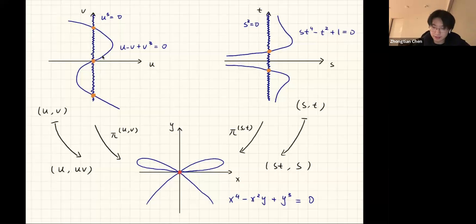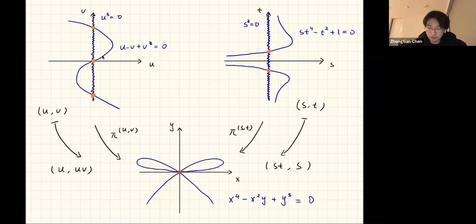Right, this is the general picture we have. We start with this polynomial, and this is the algebraic set, which has a badly behaved singularity at the origin. Then we apply the blow up, and we have a map pi.